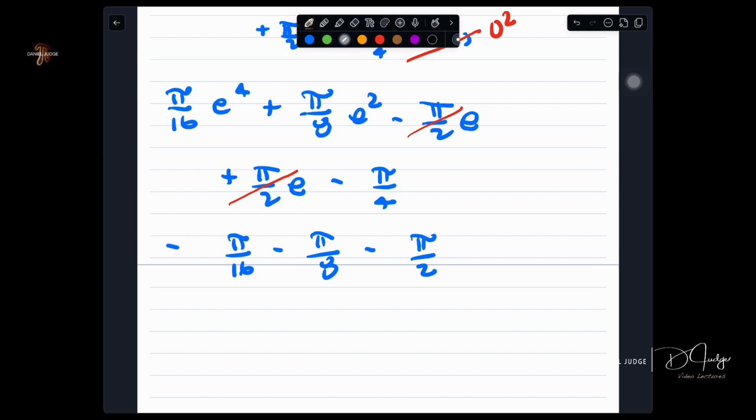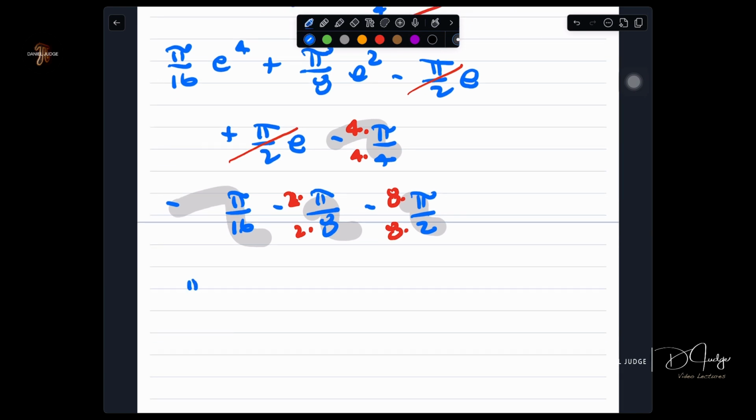And then the only terms it looks like we can combine are these terms over here. And what I'm going to do is notice the LCM is 16. So I'm going to multiply this by 4, 2, 2, 8, 8.